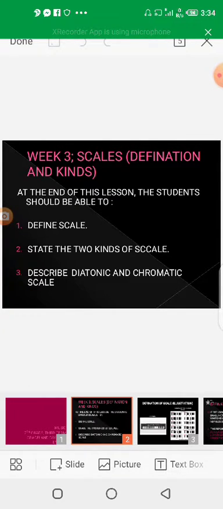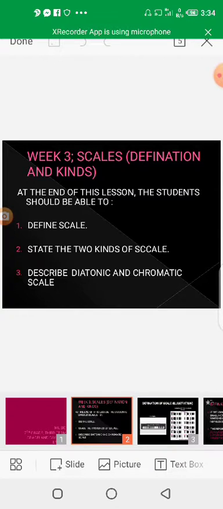Okay, at the end of these lessons, the student should be able to 1. Define scale. 2. State two kinds of scales. 3. Describe diatonic and chromatic scale. Now let me repeat this. At the end of the lesson, you should be able to define scale.